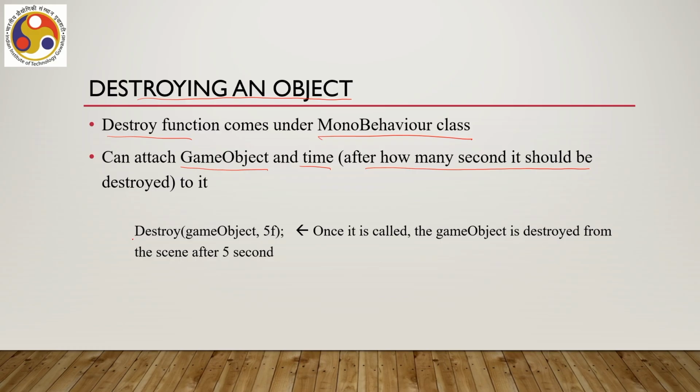For example, if we have a function like Destroy(gameObject, 5f), that means once the function is called, the game object is destroyed from the scene after 5 seconds, no longer visible on the scene.